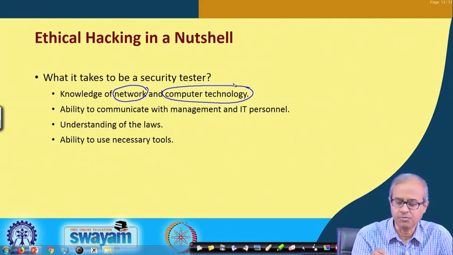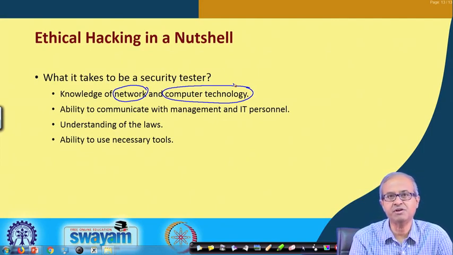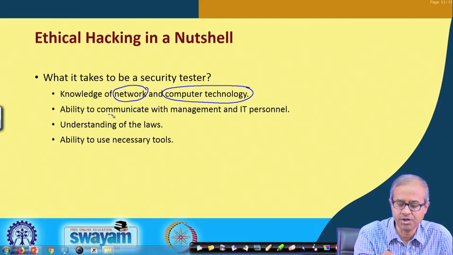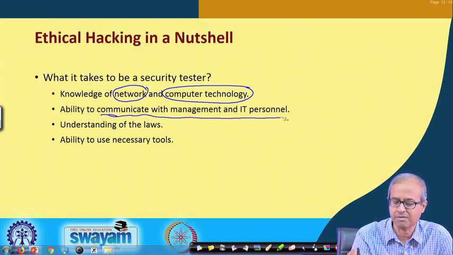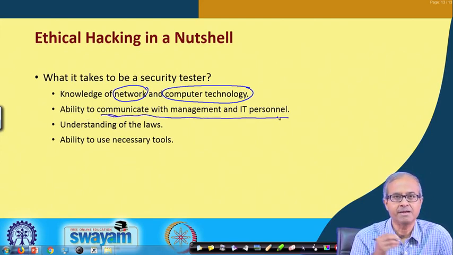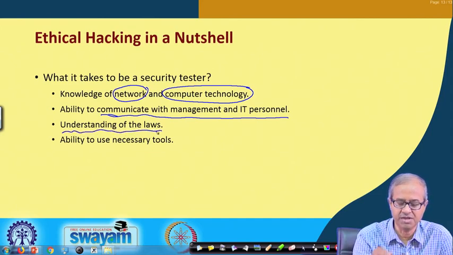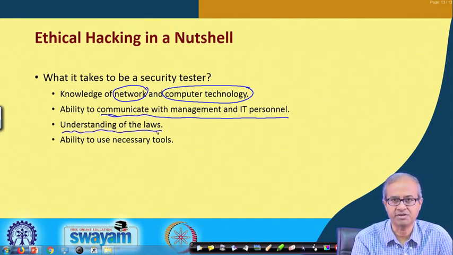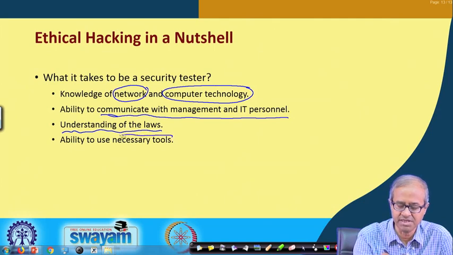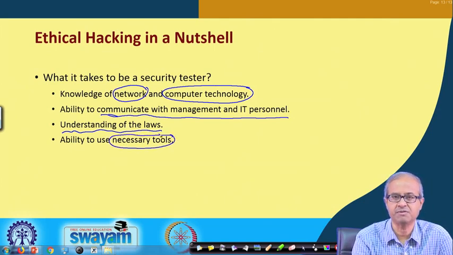And also you cannot do everything yourself on your own, you need to communicate with other people. That art is also something to be mastered. You need to interact with other people. This quality is also very important. And of course, I mentioned the laws of the land are very important to understand, and you should have the necessary tools at your disposal.